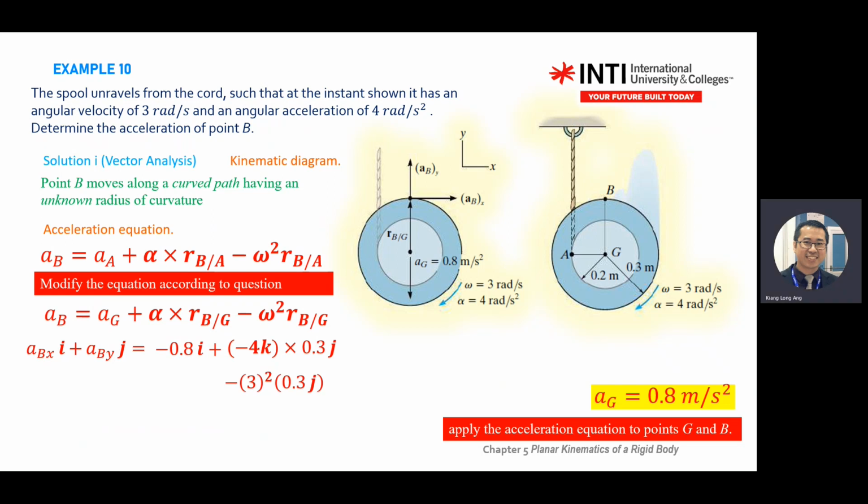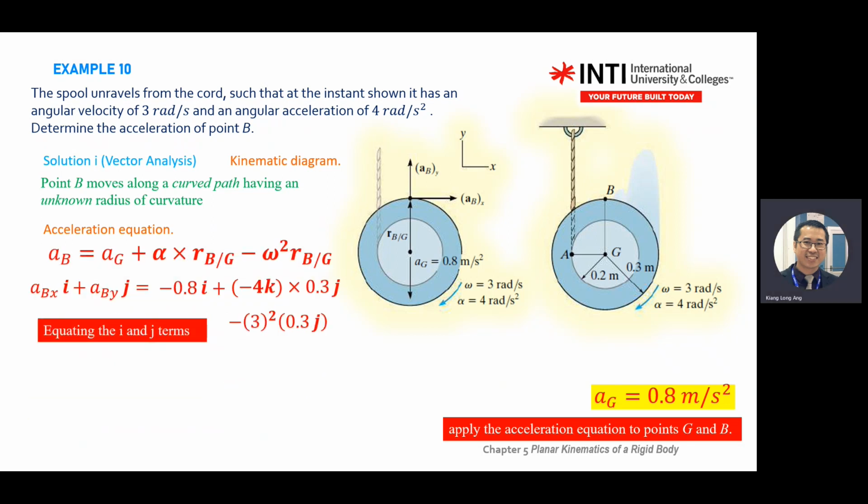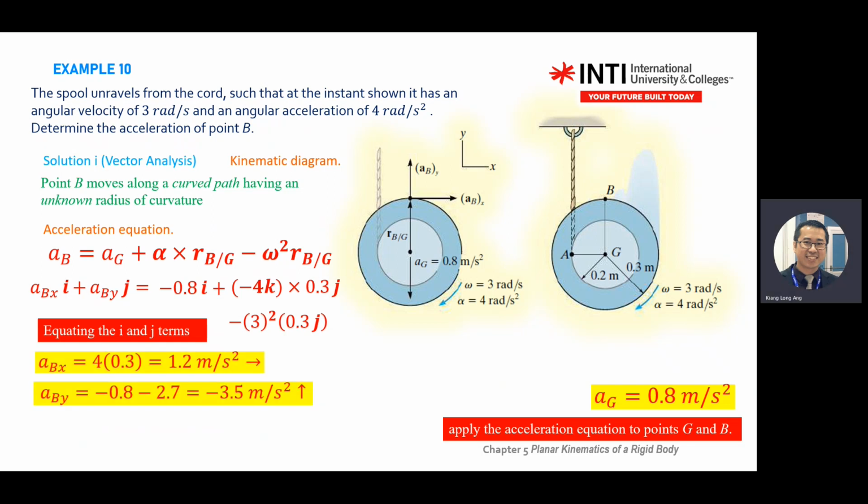And omega is 3 again, so it's negative because it's going in. You square it. Then r is 0.3j. You balance the i and j together, and you'll get your Bx and By. Bx is to the right, positive; By is going up.